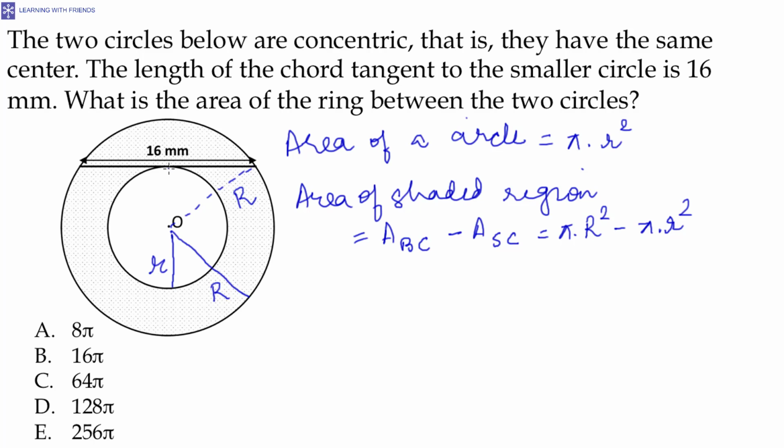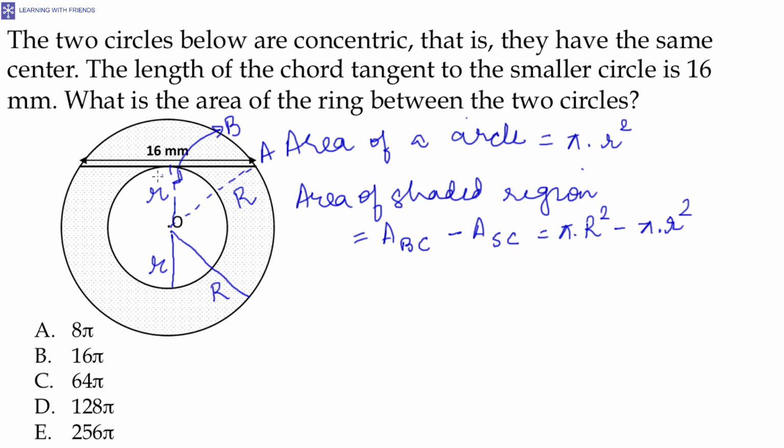And if I were to join this center to this point, as per the rule of circles, the radius drawn from the center to the tangent is perpendicular, then this will be small r because this is the radius of the smaller circle. So we notice that if this was point A and this right here is point B, then triangle OBA is a right angle triangle at point B.